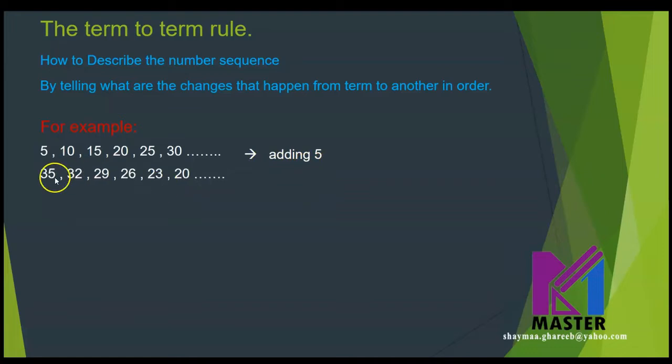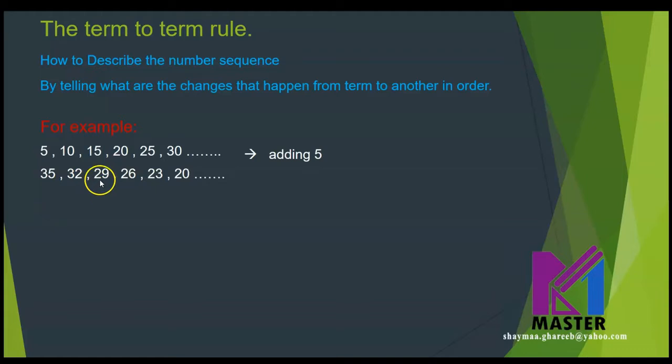Okay? Now another sequence. 35, which is the first term, became 32. It's going backward, which means subtraction. What happened? We subtracted 3. I'm going to check from the second term to the third term. What happened? 32 became 29.